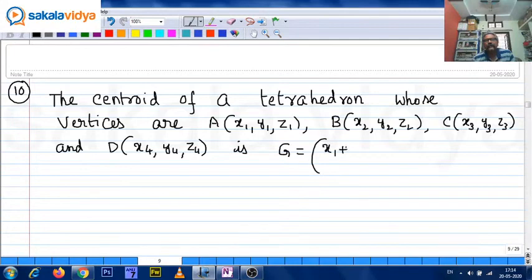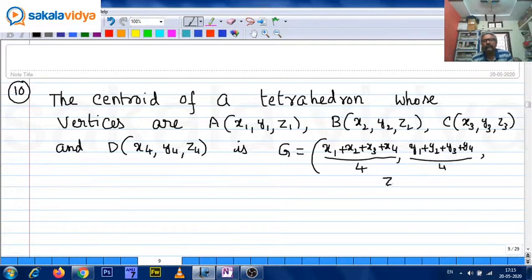x1 plus x2 plus x3 plus x4 by 4. It will be useful for vectors also. Next, y1 plus y2 plus y3 plus y4 by 4.